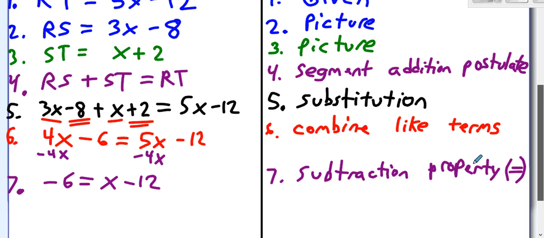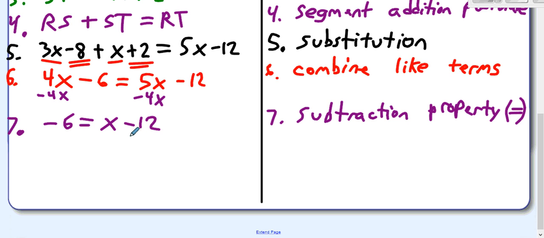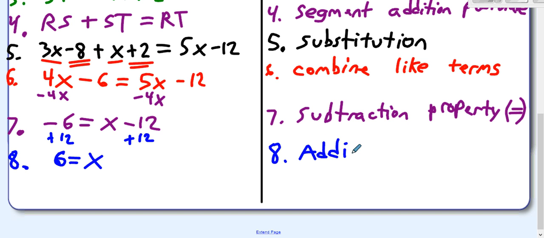And we've got one more step to finish it off. Trying to get x by itself, we would add 12. So you get 6 equals x. We got that by adding to both sides, so that's the addition property.